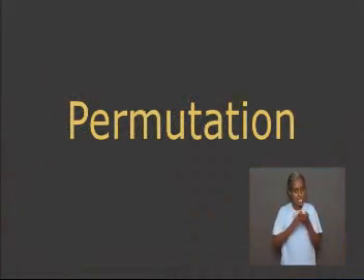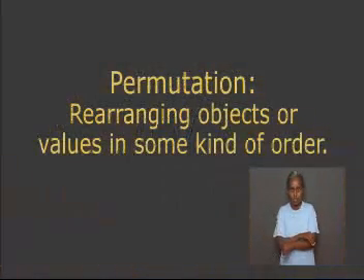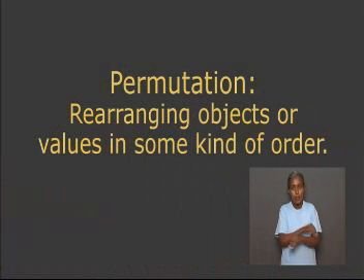Hello, teacher. Hello, students. Today, we will learn about something called permutation. If you are ready, we will begin. In math, permutation means rearranging objects or values in some kind of order.